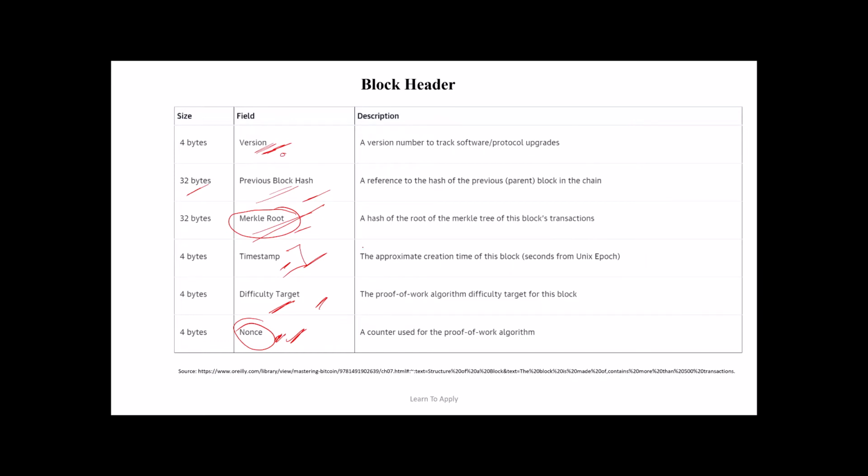After looking at the Merkle root, we will definitely go into proof of work and look at this nonce. Then we have a separate video for the difficulty target, how it is represented in the real Bitcoin block header, right? So this is it for the video.